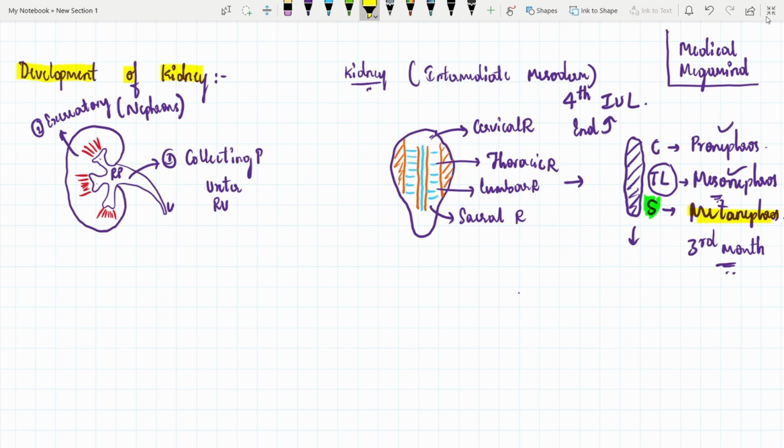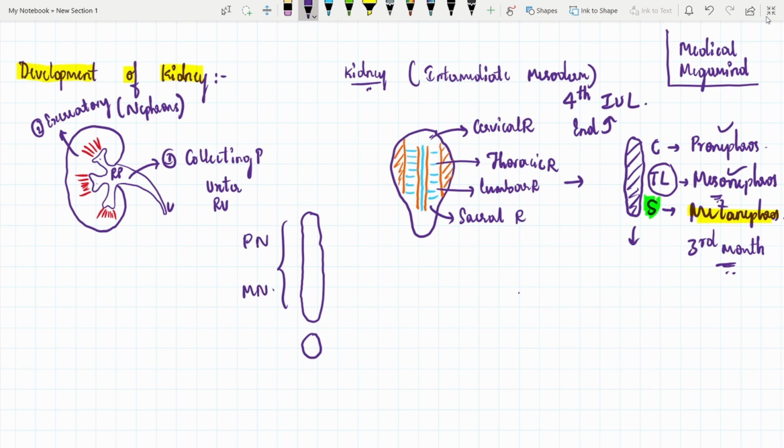So now you can see, if you cut this section of mesonephros, pronephros, and metanephros, I'm going to draw metanephros separately. This is the combination of pronephros and mesonephros.